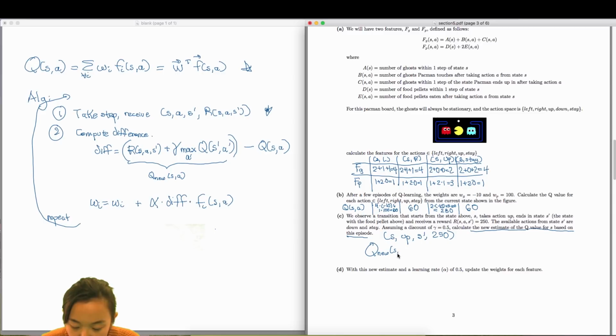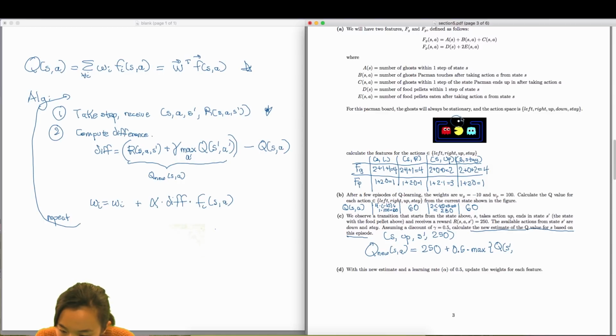So let's calculate Q new (S, A). That's just equal to the reward, 250, plus the discount of 0.5 times the max over Q of S prime.